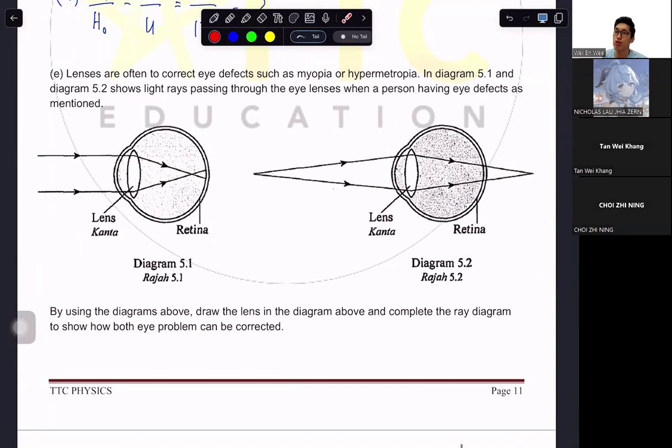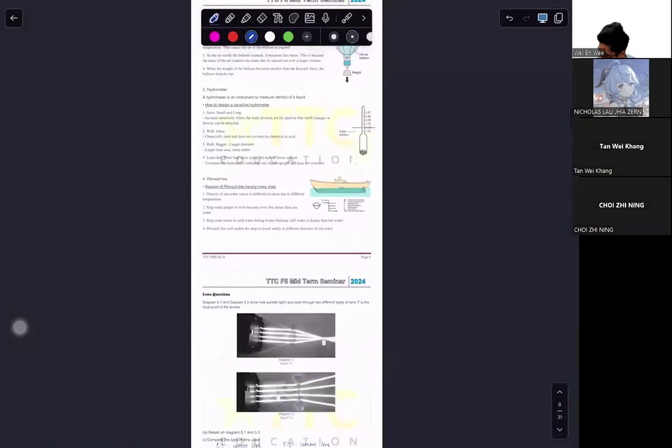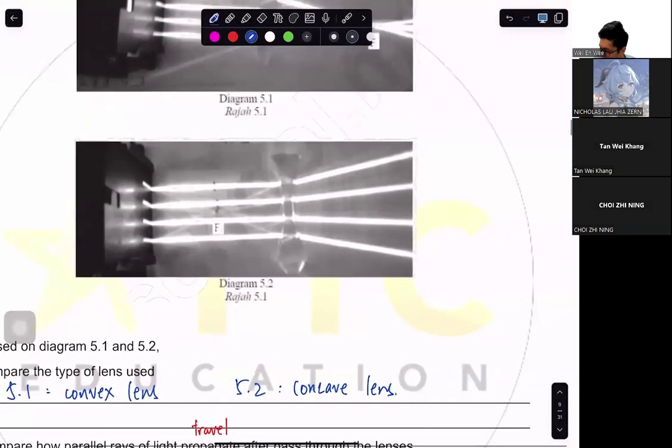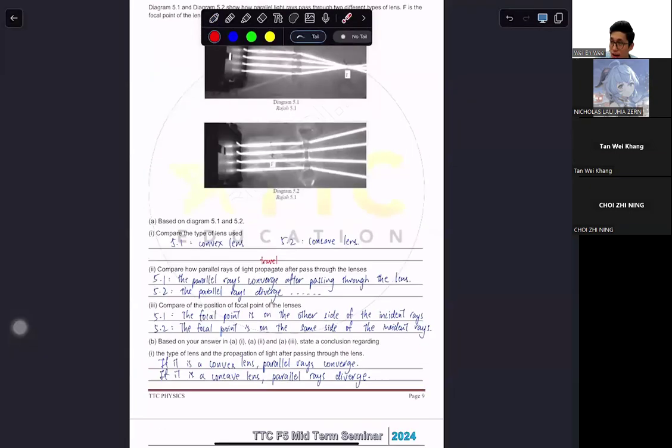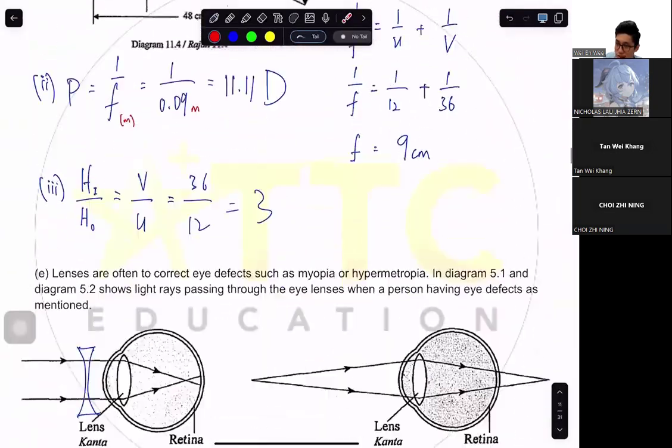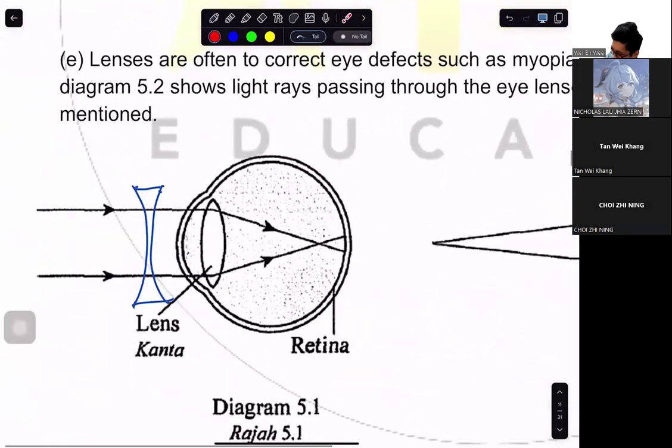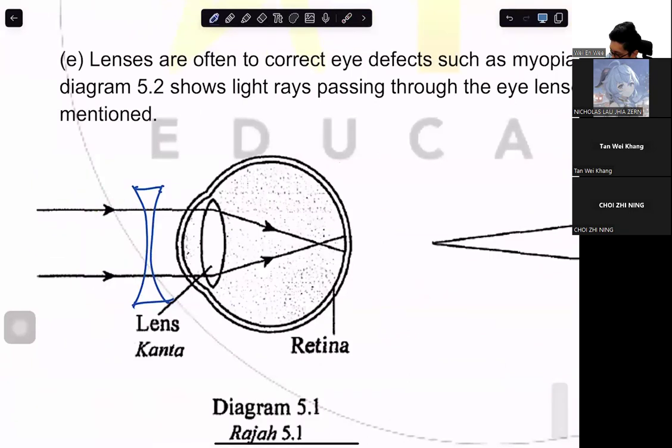So how can you push the light further away? Yeah, I will need a concave lens. Because the concave lens will push the light further outwards, like that, right? So I need a concave lens. So what happens is, when the light reaches here, it will get pushed outwards first, okay?